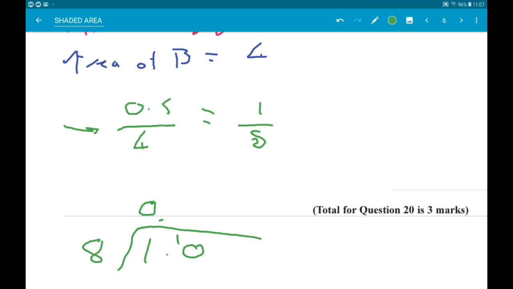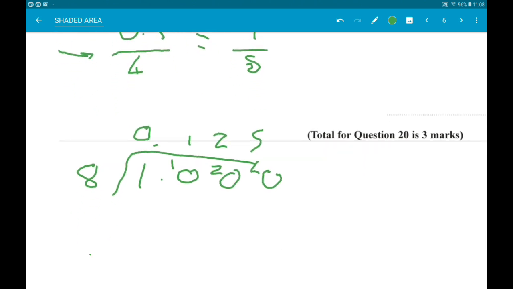Now 8s into 10 go once, remainder 2, so we need another 0. 8s into 20 go twice, remainder 4, so put another 0. And then 8s into 40 go 5 times. So we have 0.125. Now to turn a decimal into a percentage, we multiply it by 100. So this is 12.5%.